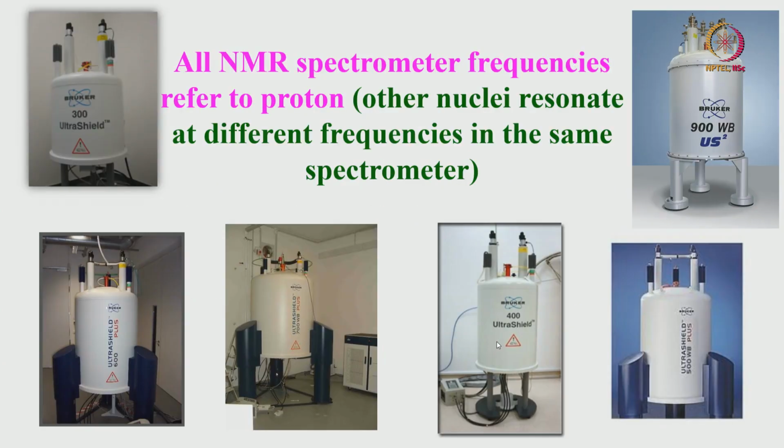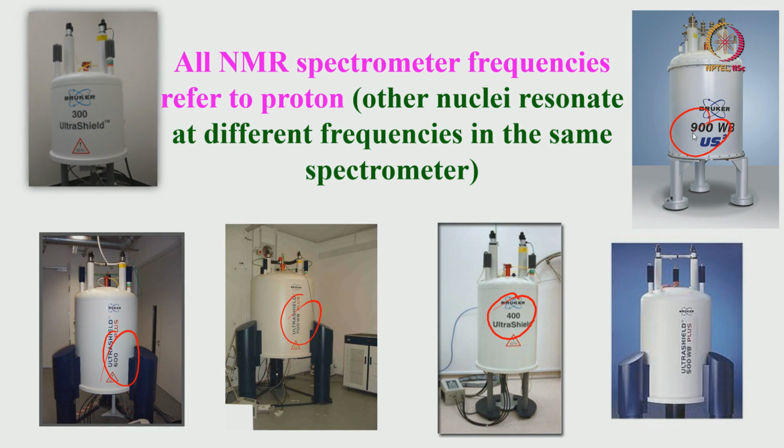Okay. Now if you go to any NMR laboratory, you will see big cylinders like this. There are some numbers written here, 400, 700, 600, 900. What do these mean?